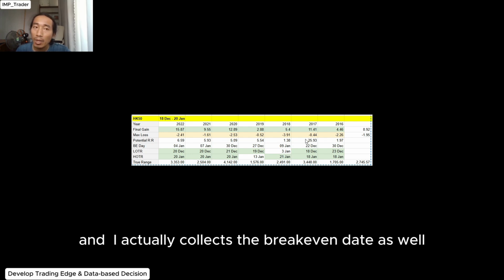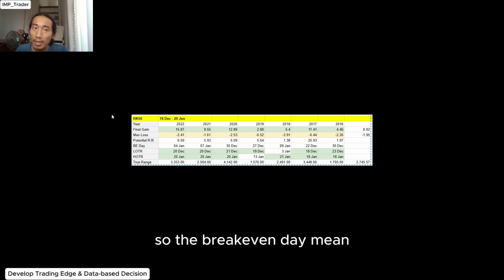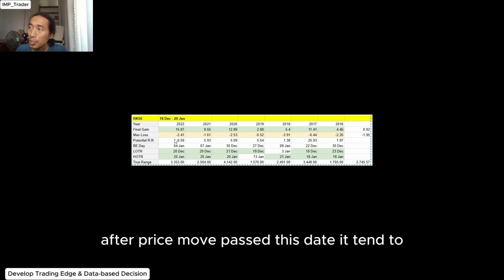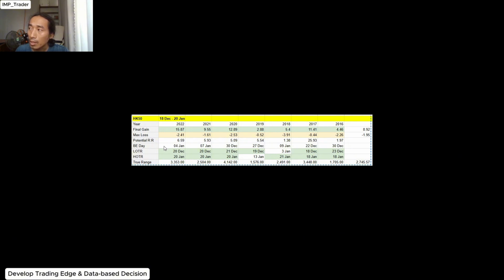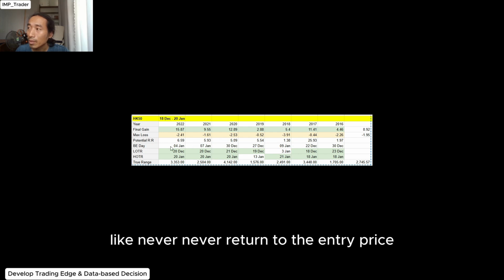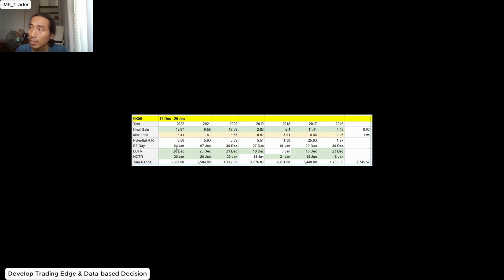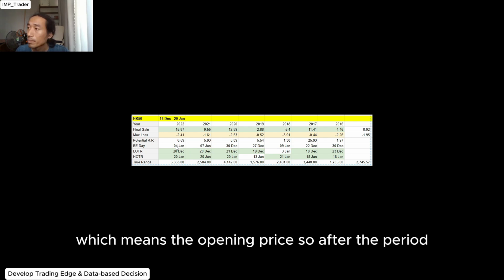And I actually collect the break-even day as well. The break-even day means that after price moves past this day, it tends to never return to the entry price, which means the opening price.